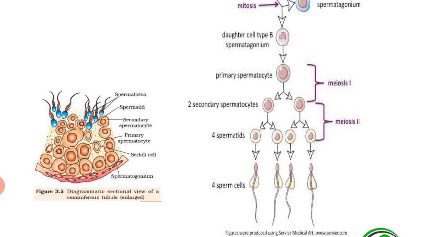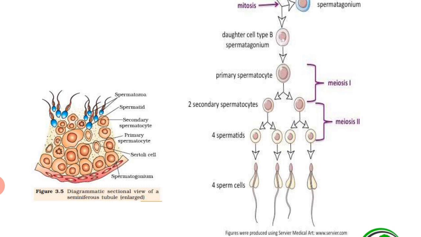These spermatids have attached themselves to cells known as Sertoli cells. This blue color head of the spermatid is attached to a special cell known as a Sertoli cell, which will provide nutrition. After deriving nutrition, the sperms will be released.